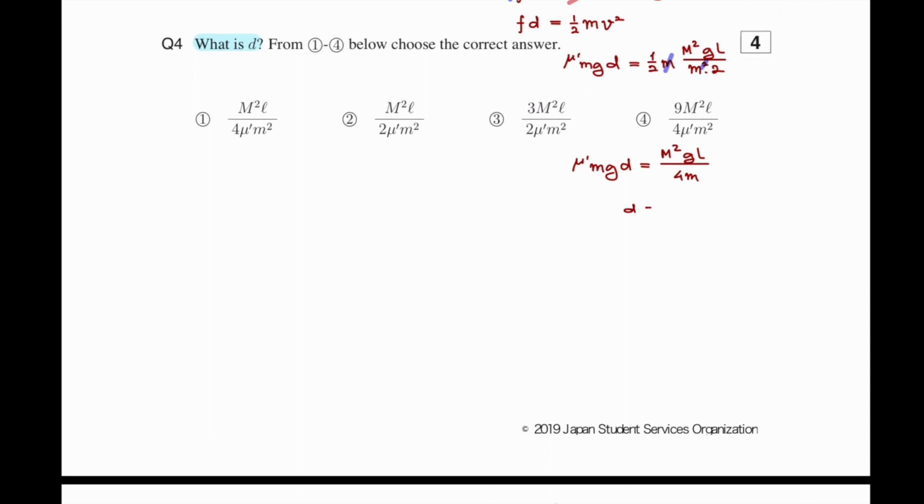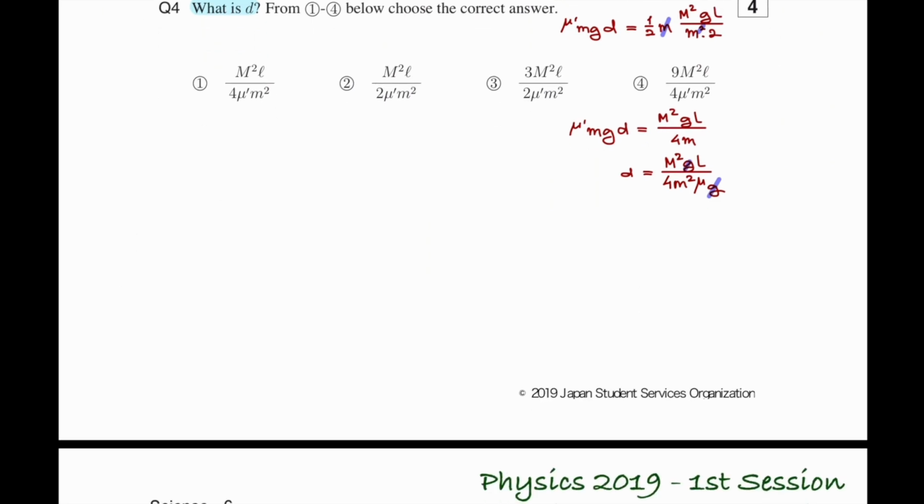So our d is equals to m square gl over 4m square mu g. Cancel out g, then my final answer is d is equals to m square l over 4m square mu prime.